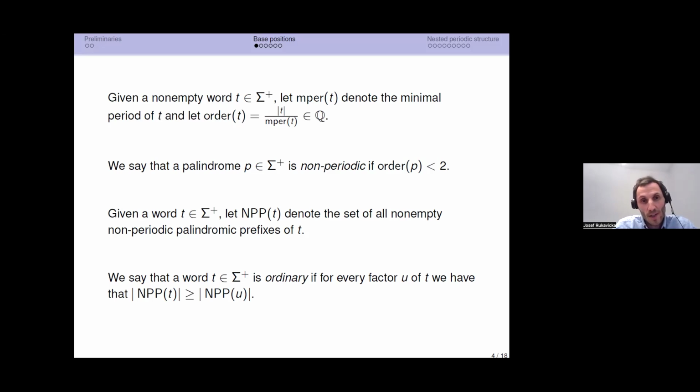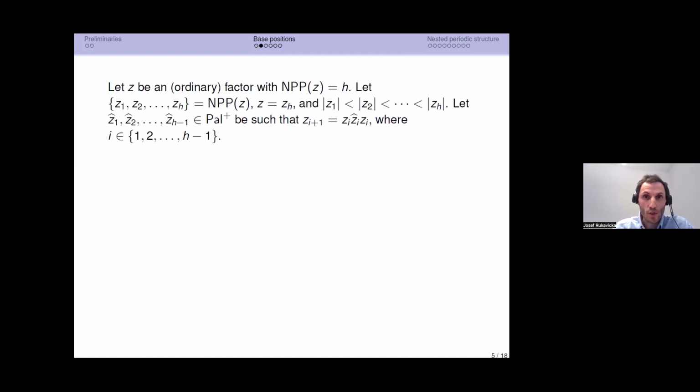It means that the number of non-periodic palindromic prefixes of the word T is bigger or equal to the number of non-periodic palindromic prefixes of any factor of the word T. So this is all I need for the essential result. I think even the ordinarity is not necessary, but I put it here.